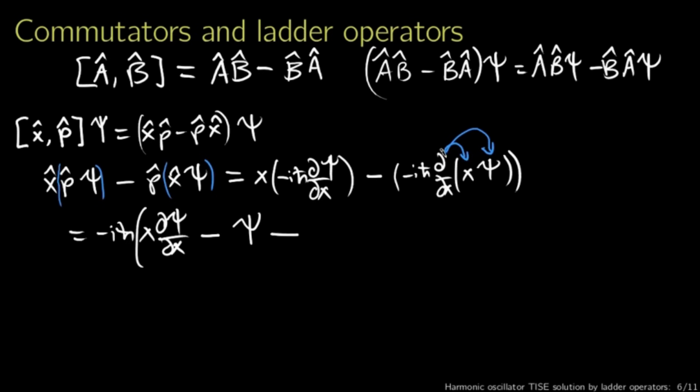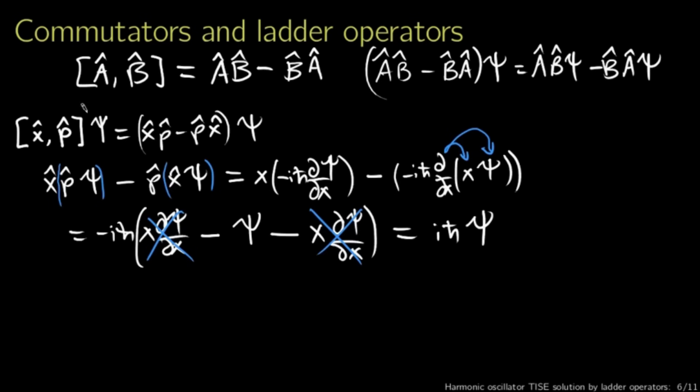And if I let the derivative hit the psi, I'll leave the x untouched, and I'll have the derivative of psi with respect to x. This is good because here I have an x d psi dx minus x d psi dx, so I can let these terms subtract out and cancel. And what I'm left with is a minus i h bar times minus psi, which is just going to be i h bar psi.